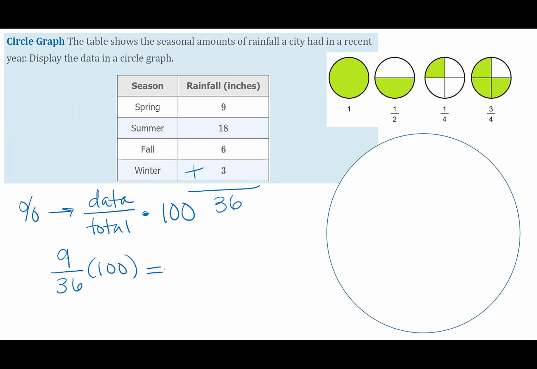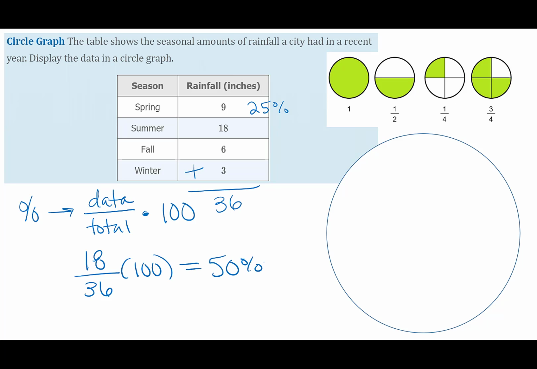This is our statistics unit, so you can use a calculator. When you multiply the fraction 9/36 times 100, you get 25%. Next, we'll take the data point 18 over the total times 100, and that gives you 50%.